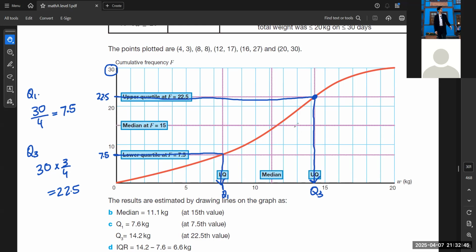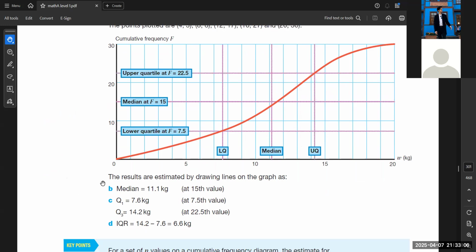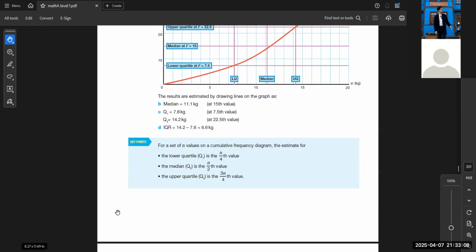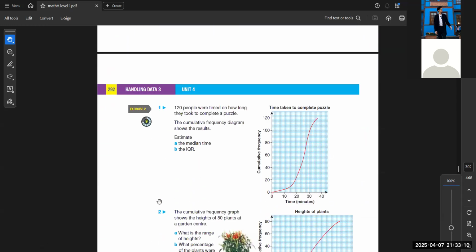So you don't need to do any rounding up. You don't need to mean or average anything. Just simply divide by 4 for the lower quartile, times by 3 over 4 for the upper quartile, and then divide it by 2 for the median itself. Okay, that's basically it. So this is how you can find out the quartiles in a cumulative frequency graph.